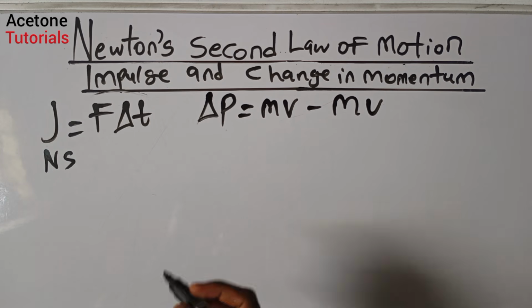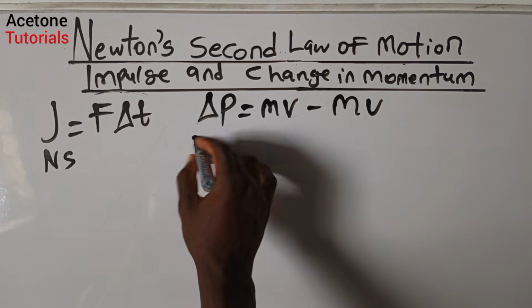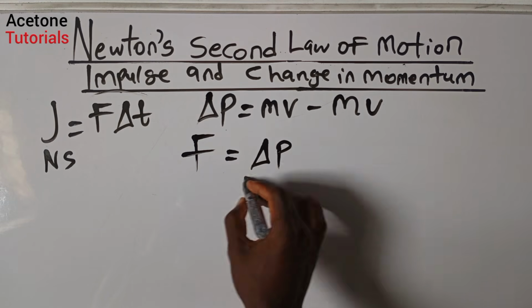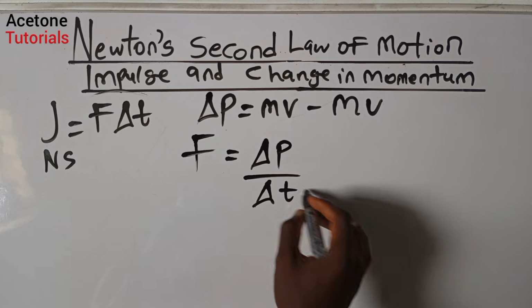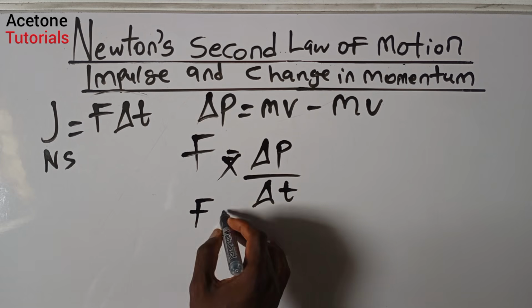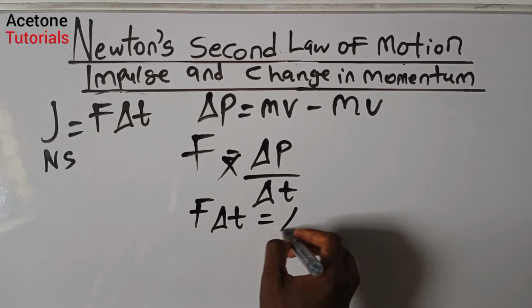Now, from Newton's second law, F is equal to the rate of change of momentum. So if you cross multiply, F change in t equals change in p.